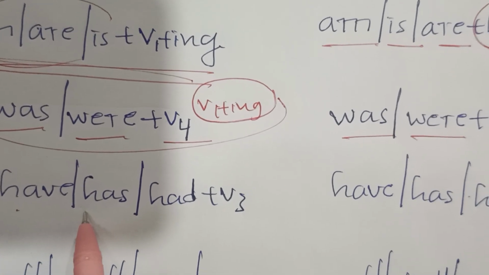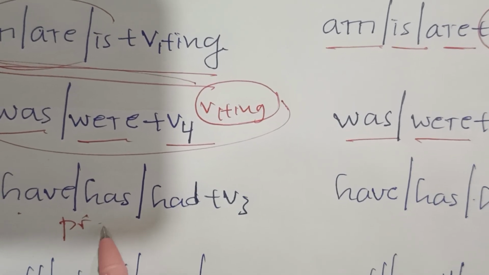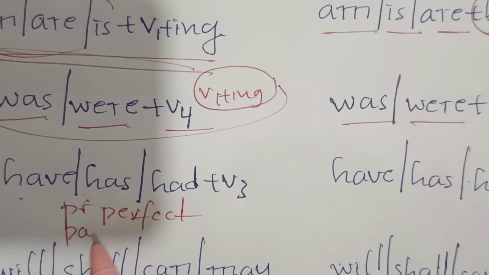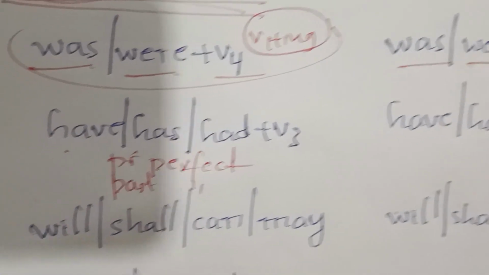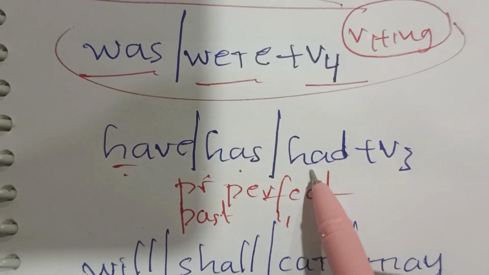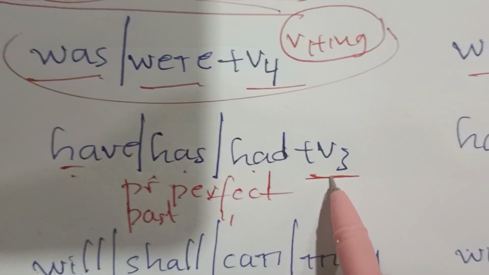Next, present perfect and past perfect: have or has plus had, verb 3. So what is that?